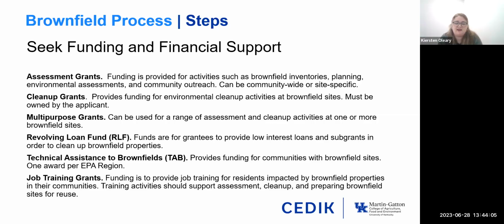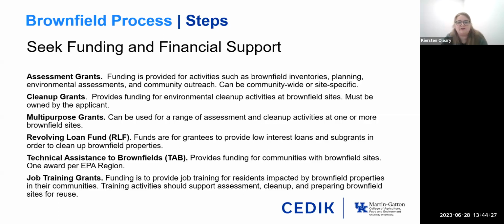Yeah, I will say that we have funding opportunities at the state level and at the federal EPA Brownfield Program level. I'm going to hit very quickly on the types of funding that the EPA Brownfield Program offers, and then we'll talk some about what the state offers as well.